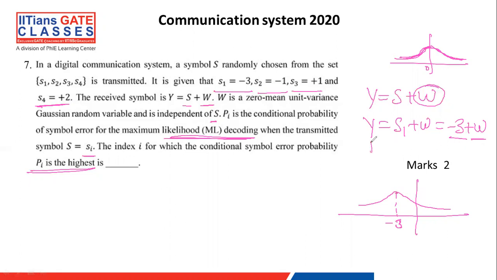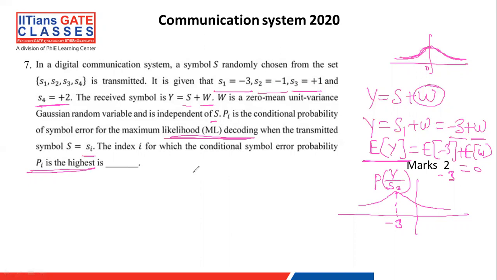If you calculate the expected value of y, it will be the expected value of -3 plus the expected value of W. The expected value of W is 0, and the expected value of -3 is simply -3, because it is a deterministic signal, not random. So the mean value of y is -3, and y is also Gaussian. This is the PDF of the received signal y when we know that we have sent S1.